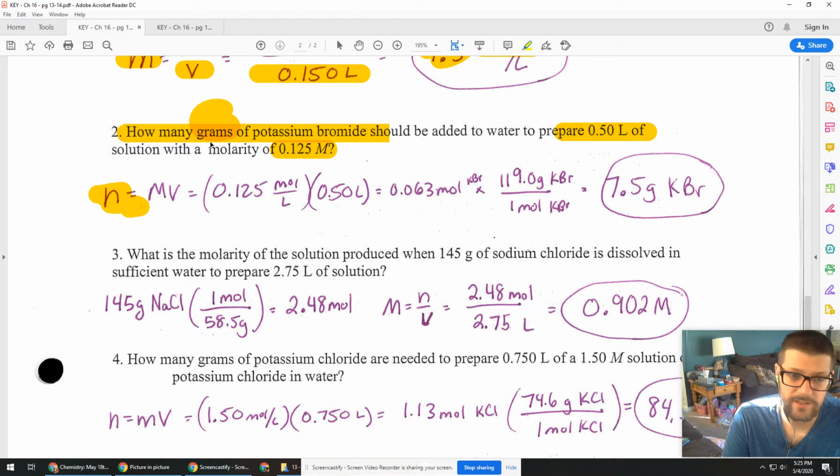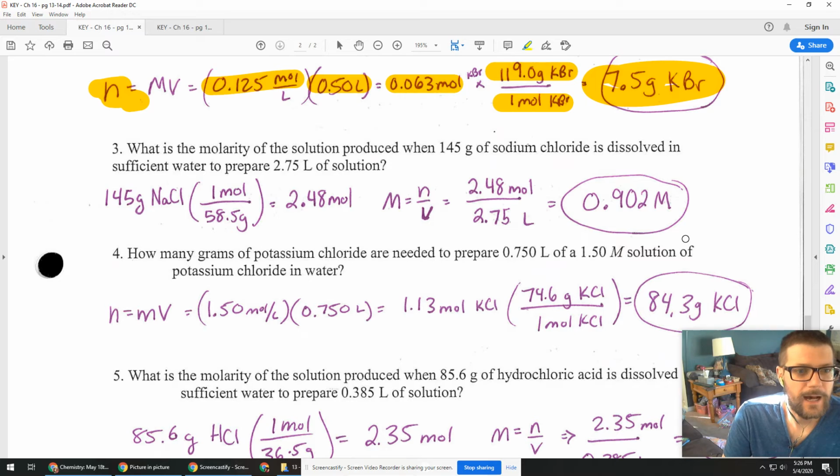It's not the same, but they're related. So we're going to take our moles per liter, multiply it by how many liters we need. Notice the liters are going to cancel, and you'll get your number of moles. That's not your final answer because the question is asking for grams. So we're simply going to multiply it by the molar mass over 1 mole. Moles cancel, left with grams. We get our final answer in grams.